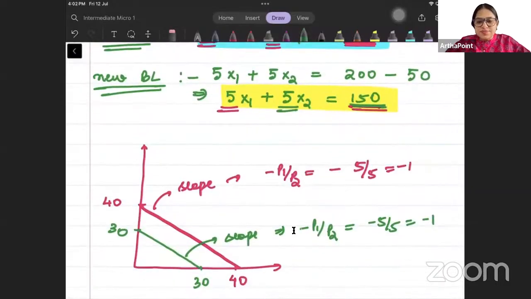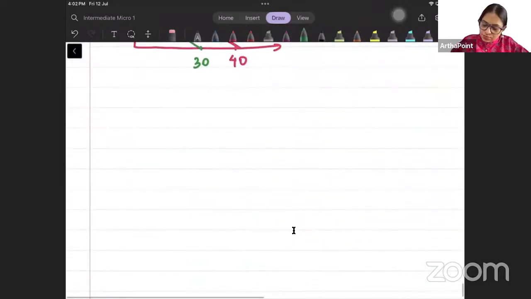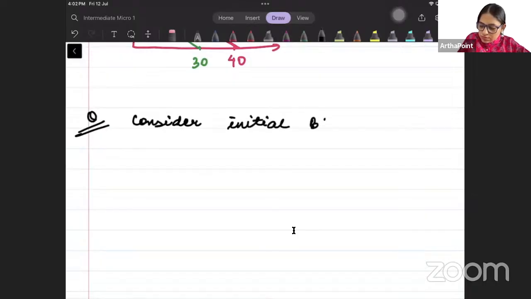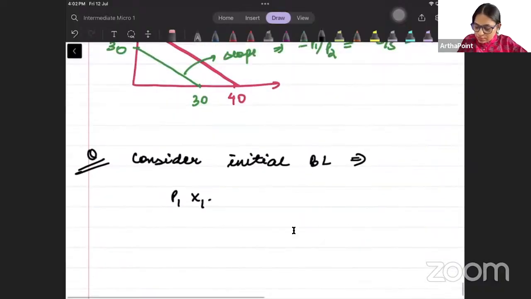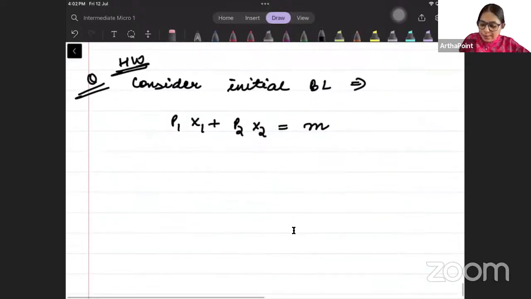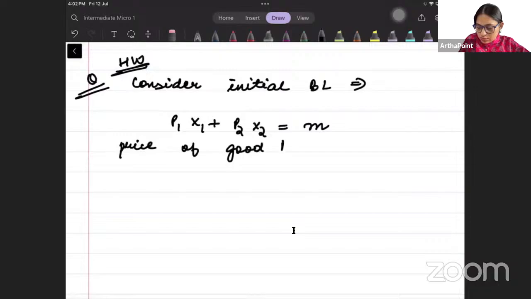Now I am giving you some questions. You need to go ahead and do them as homework. Homework question, beta. Okay? Consider that there is an initial budget line which is given to you as P1 X1 plus P2 X2 is equal to income of consumer. Price of good one doubles.